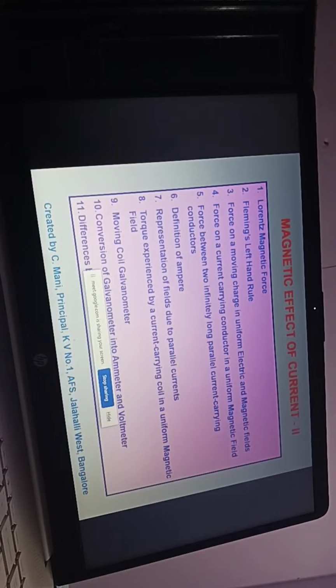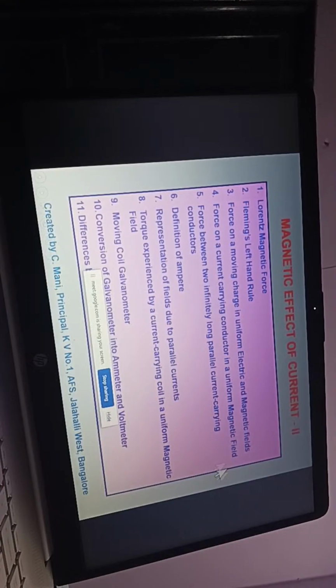If the motion of the charged particle, that is the velocity, is in the direction of the middle finger, and the magnetic field is in the direction of the forefinger, then we get force in the direction of the thumb, if a positive charge is moving. If it is a negative charge, you have to apply it accordingly.